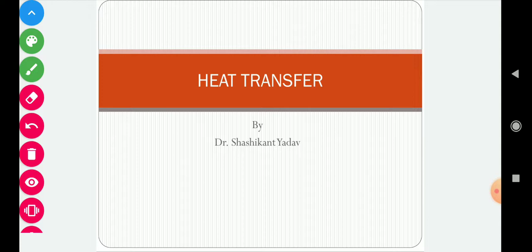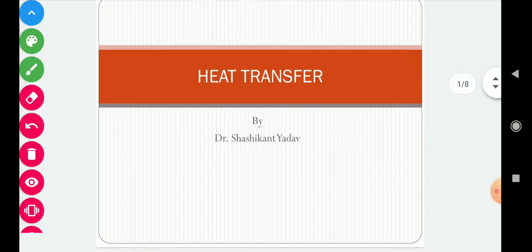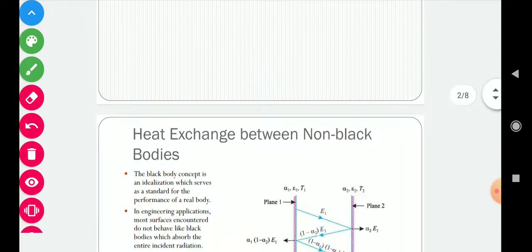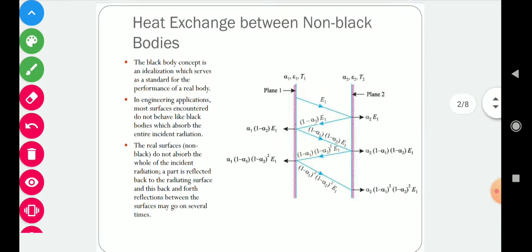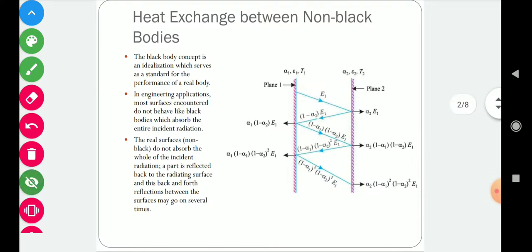In all previous lectures our main focus was on black body, but in today's lecture our focus is heat exchange between non-black bodies. So what is the difference? The main difference is that, let us assume we have two non-black objects. This one is object 1 and this one is object 2. Whatever energy is emitted by object 1, that is E1.